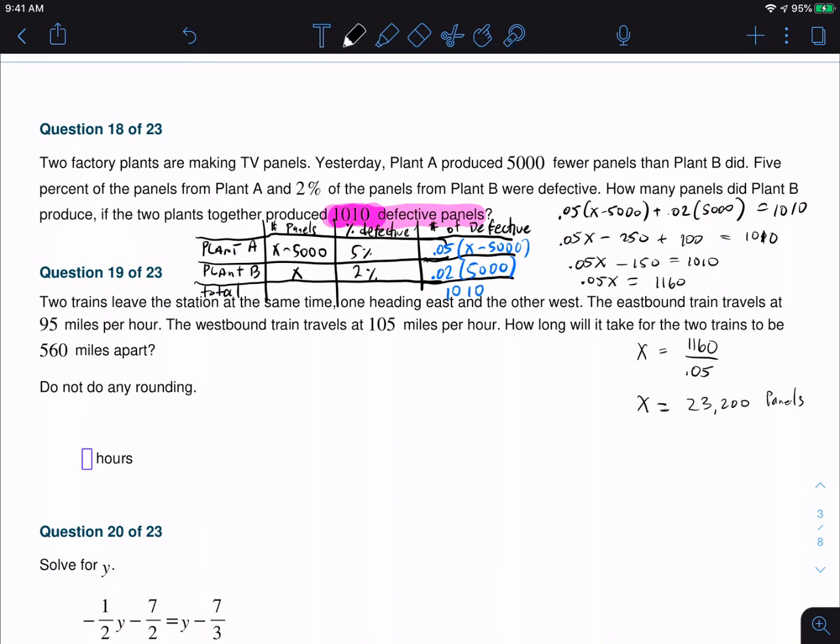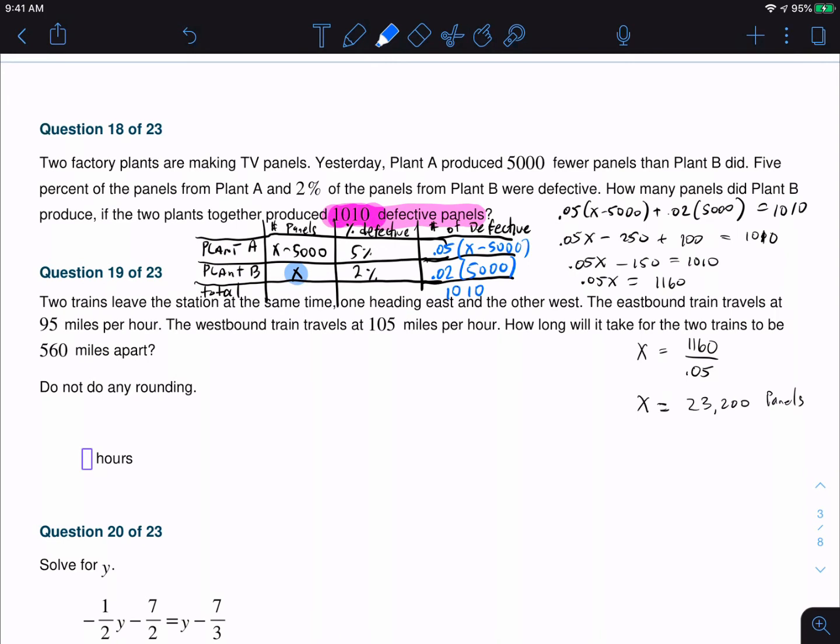Oh, I see where I messed up. Silly old me. I can't believe I messed up. See my 0.02 and 5,000? That 5,000 shouldn't be 5,000. What's in the number of panels? Watch, I'll show you. What is this?